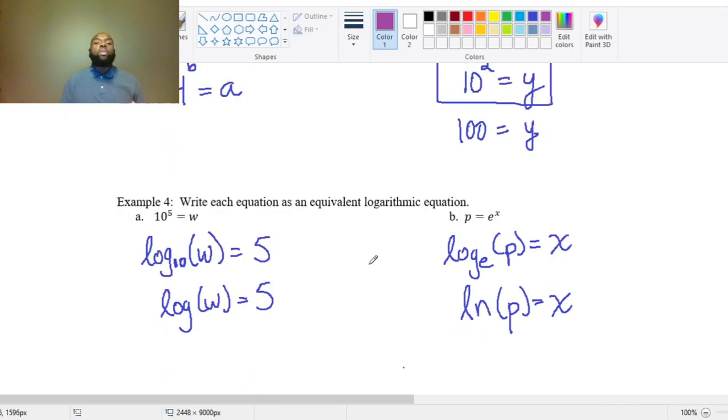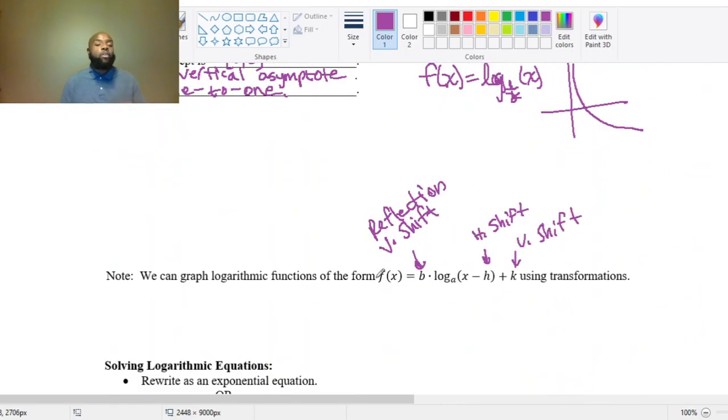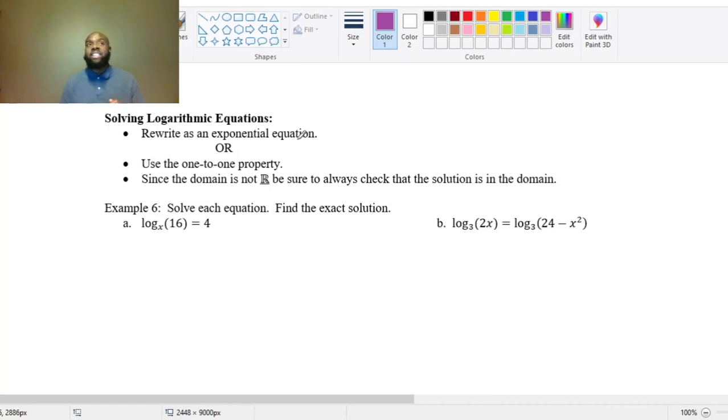So sometimes we can convert from a logarithmic equation to an exponential equation, and it's something that we can solve. So we can use that property to help us solve logarithmic equations, or we can use the one-to-one property. We're going to see an example of each of these, and we'll talk about when you want to use which of the two.